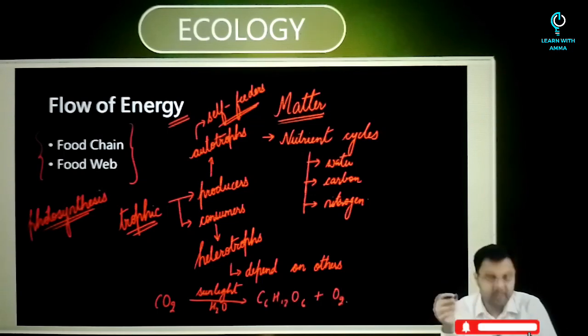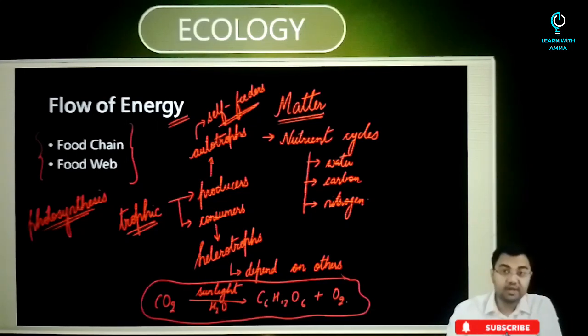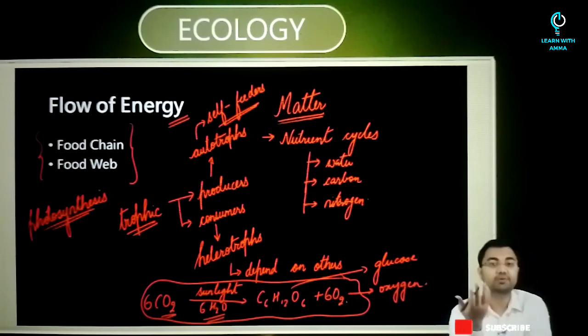So this is what will happen in photosynthesis. I have not written a balanced equation here. If you want to balance it out, you can just add 6, 6 and 6 here. This will balance out the equation. So carbon dioxide in presence of water and sunlight forms glucose and gives out oxygen. So this is what happens in photosynthesis.